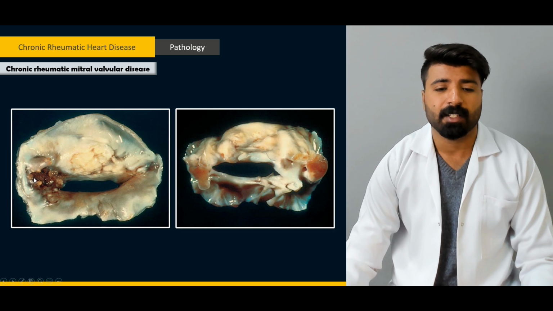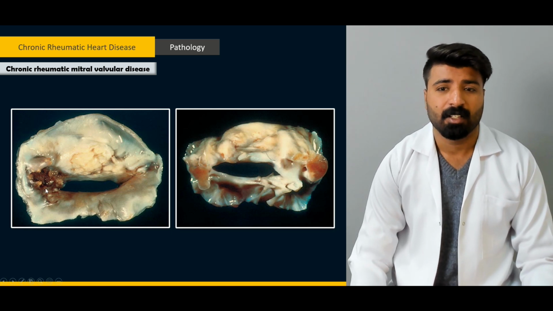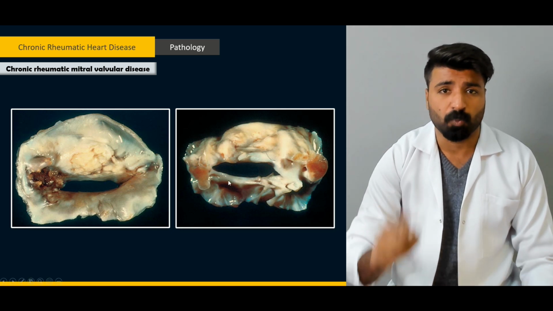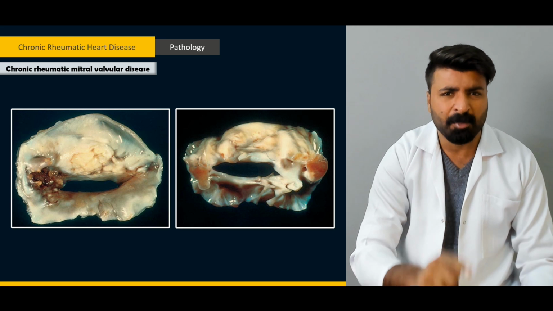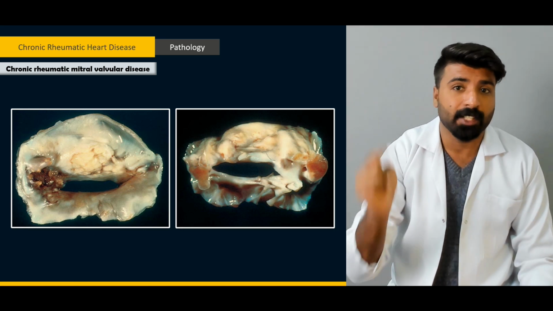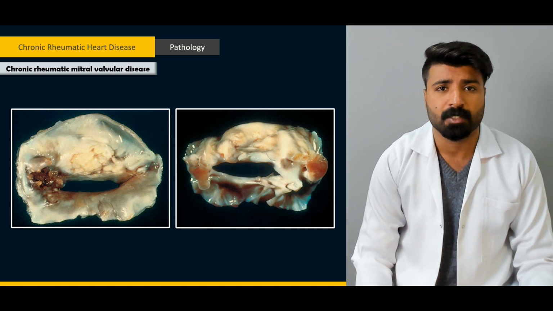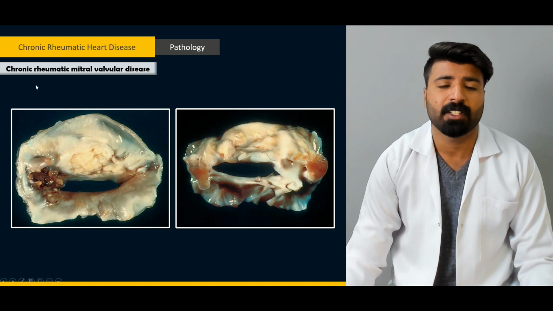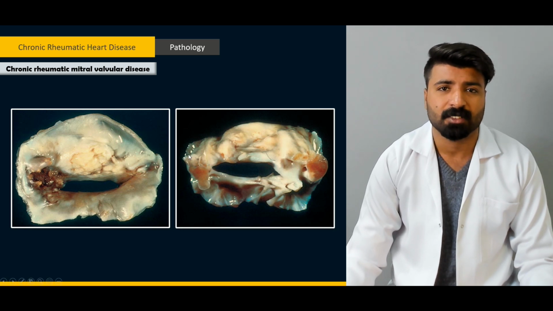What you look at is that they are calcified, stenosed, narrow, with a fish mouth appearance. The word you'll hear from the examiner, the word you're going to read in the MCQ and in the text is fish mouth appearance. You will see fish mouth appearance in mitral valvular disease and chronic rheumatic heart disease.